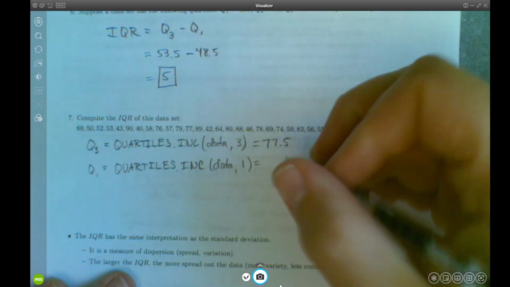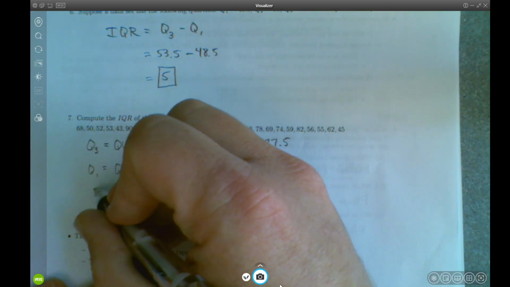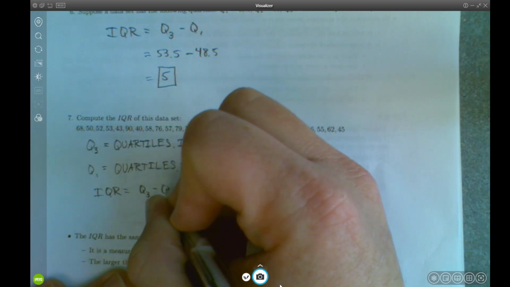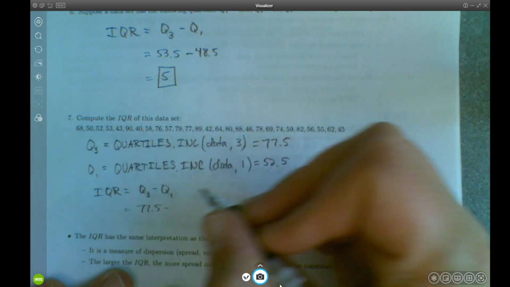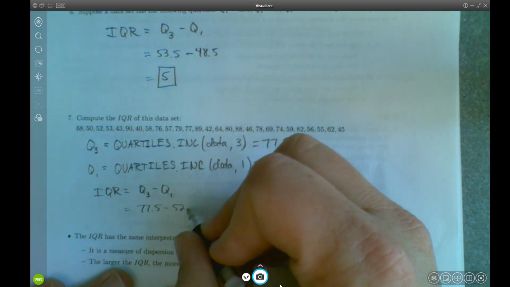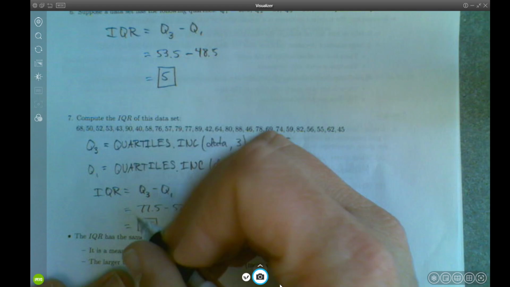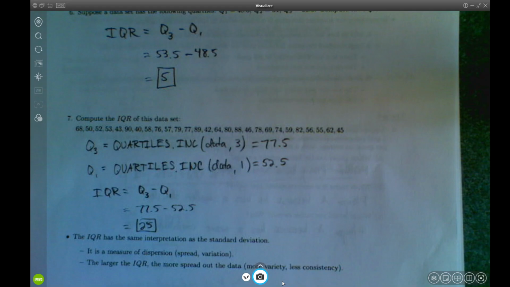And so the IQR is Q3 minus Q1. That's 77.5 minus 52.5, which comes out to 25. Oh, wait a second. Yeah, that's right.